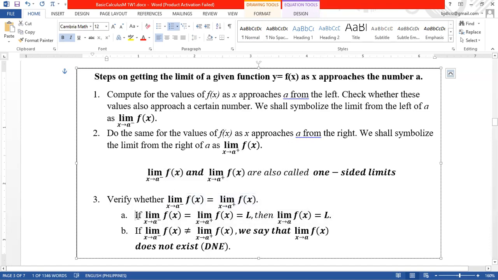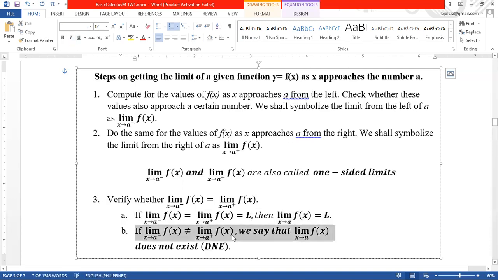If the limit of f of x as x approaches a from the left is equal to the limit of f of x as x approaches a from the right is equal to L. Kung same ang ilahang answer while solving sa a from the left and from the right, therefore we can conclude that the limit of f of x as x approaches to a is equal to L. So makonclude na nato nga ang atuang limit sa f of x as x approaches to a is equal to L if equal ang duha.